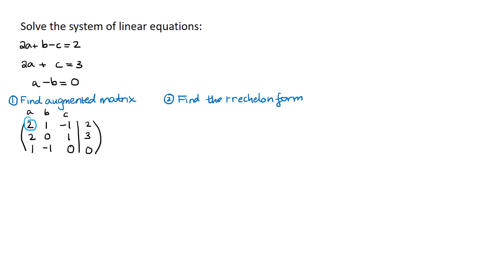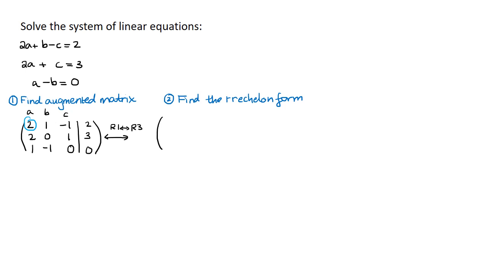It's nice to think about this when we have a leading entry of 1. Otherwise, in this case, we're going to have fractions involved. So I'm going to start just by swapping row 1 and row 3 so that we get a 1 in this first leading entry.